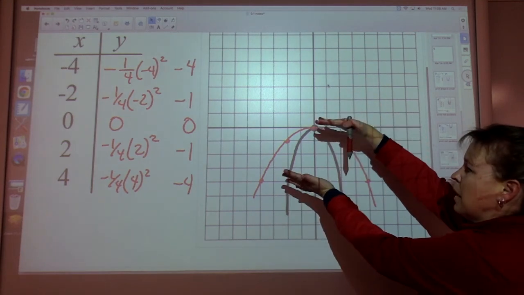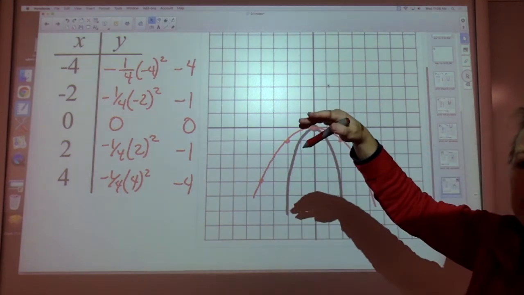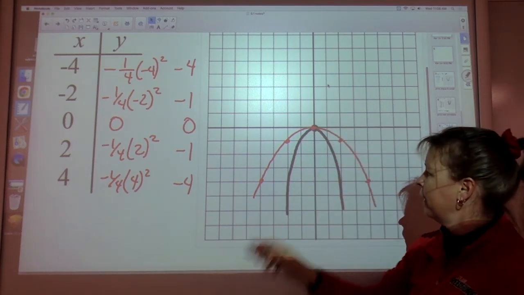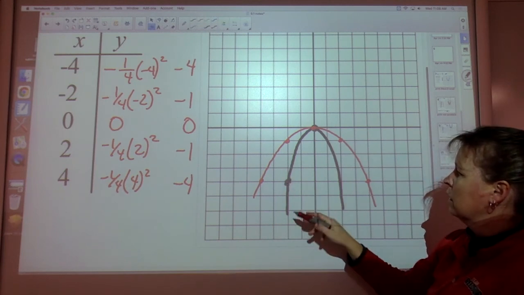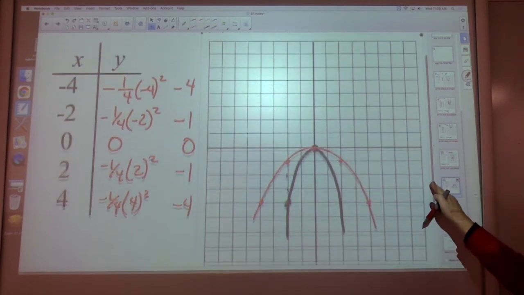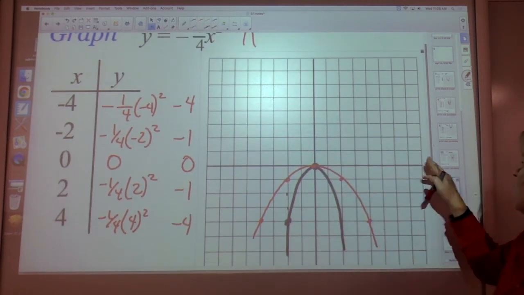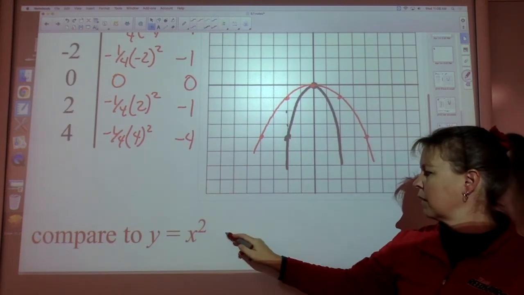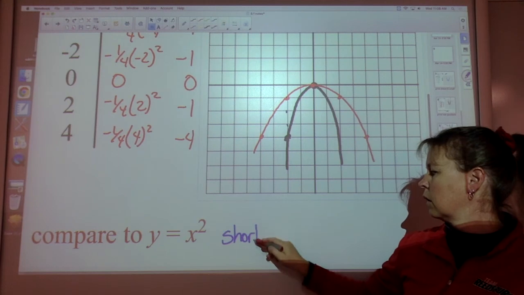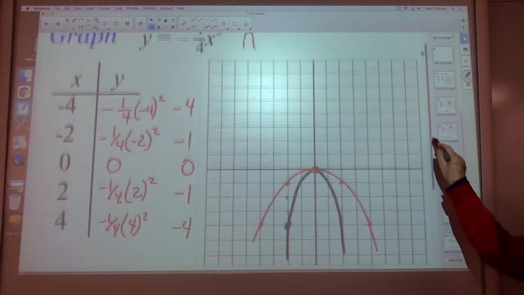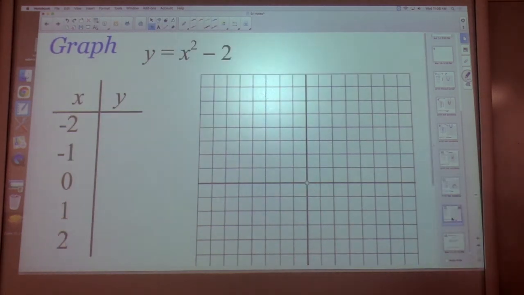It shortened my parabola. Makes sense because it divided it by 4. It took the size of it and it divided it by 4. This point was supposed to be at 4. When you take 4 divided by 4, it goes down to 1, or -1 in this case. What happens when you make a graph shorter? It looks fatter, it looks wider. But how do we compare it to y equals x squared? It is a shorter graph. And of course, the negative made it upside down, as you'd say.